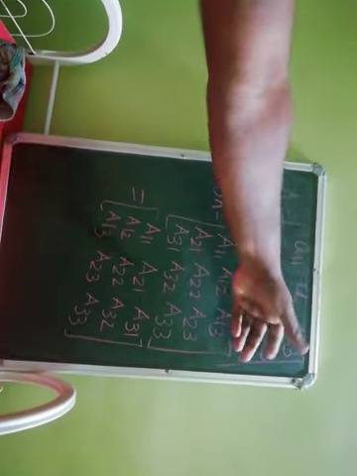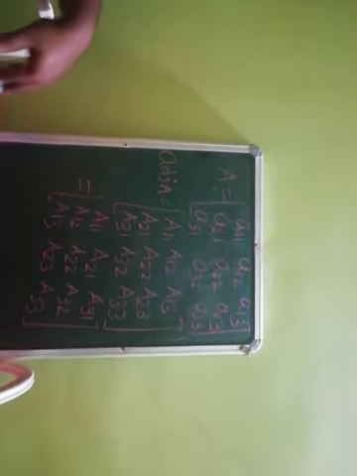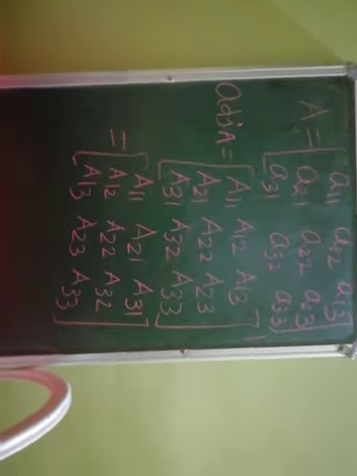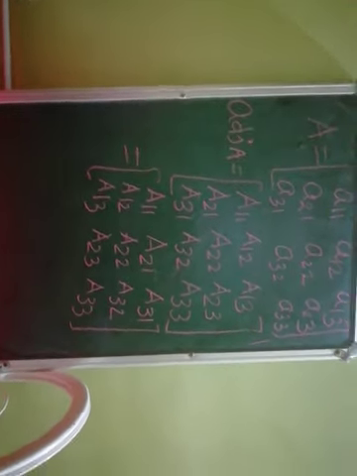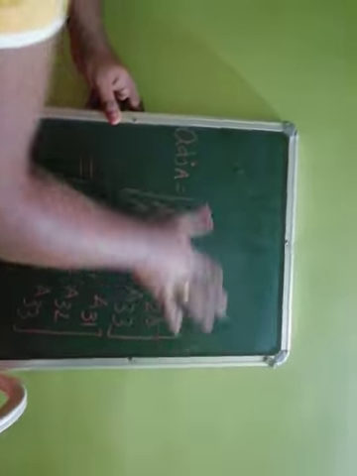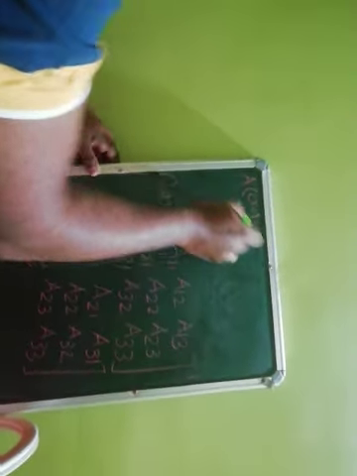As this is a square matrix of order 3 by 3, this is also of the same 3 by 3. So you can multiply in any order. The result is not commutative, only you can multiply. So now let us do that. Now I am going to do A multiplied by adjoint of A, or adjoint of A multiplied by A.